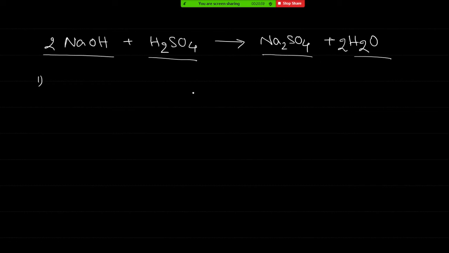So we are able to tell the ratio of the reaction: one molecule of a reactant reacts with how many molecules of the other reactant, and after the reaction how many molecules of product are formed.